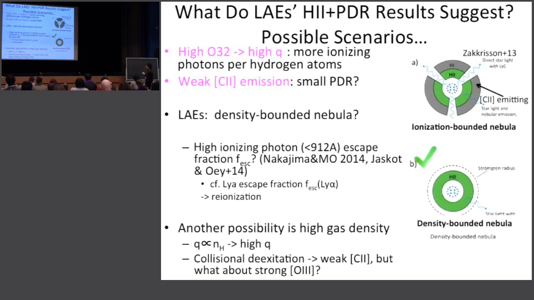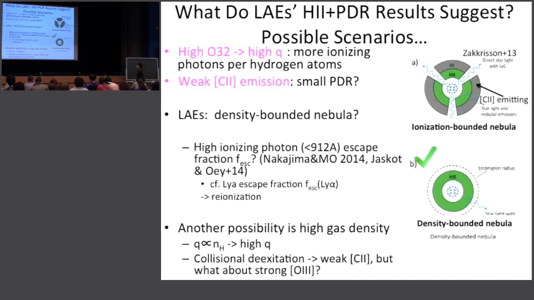If it is true, then such a density bounded system lets ionizing photons easily escape to the intergalactic space. So you may easily understand the high escape fraction of high-z galaxies and also the cosmic reionization, which I will touch on in lectures 6 to 7.